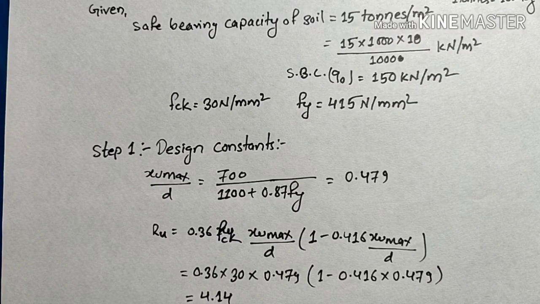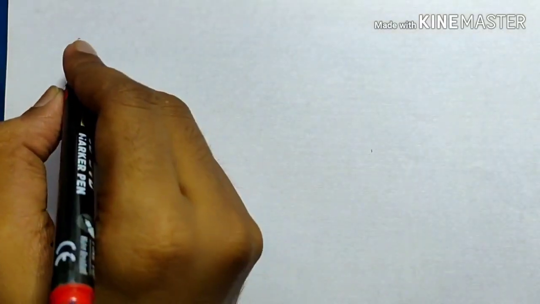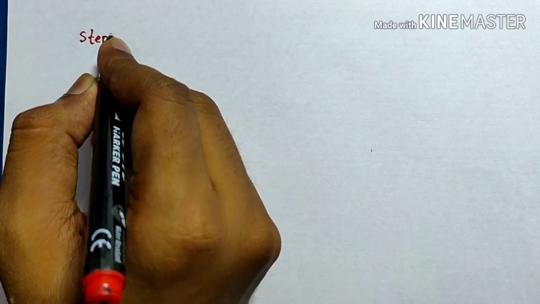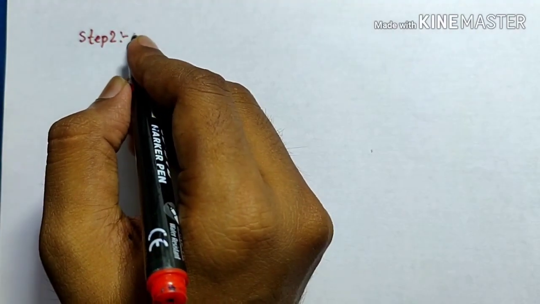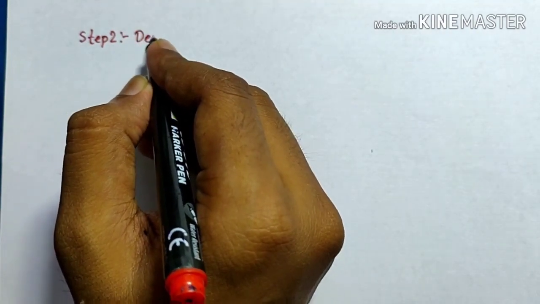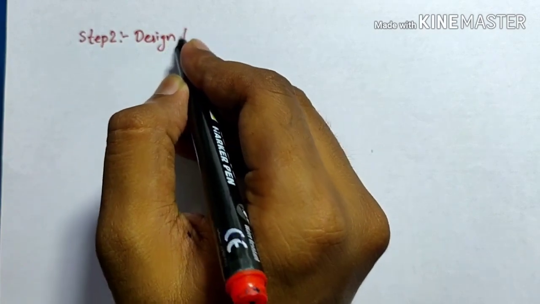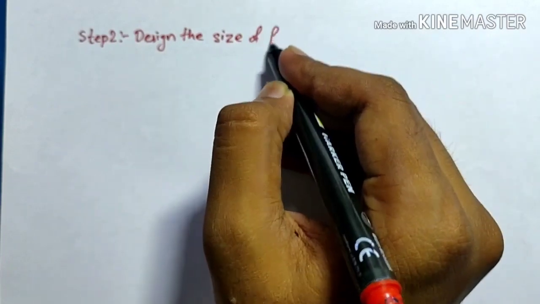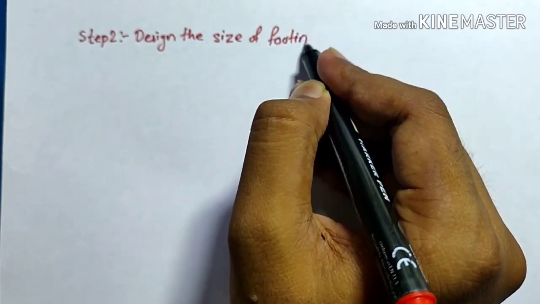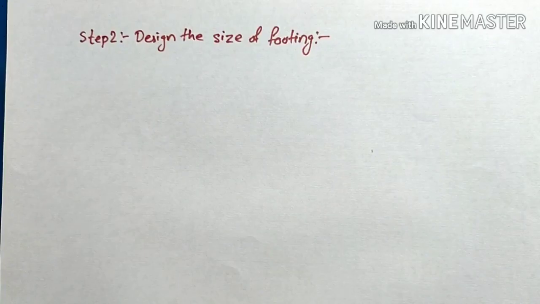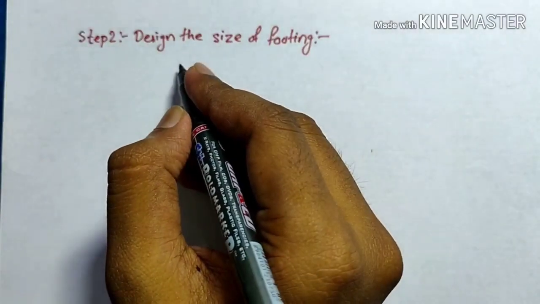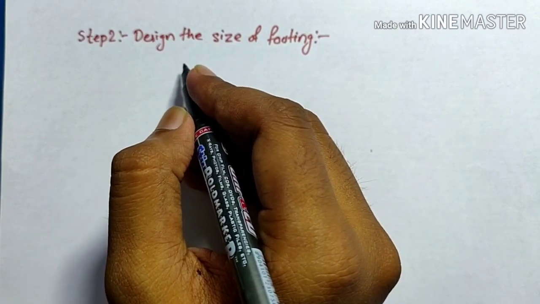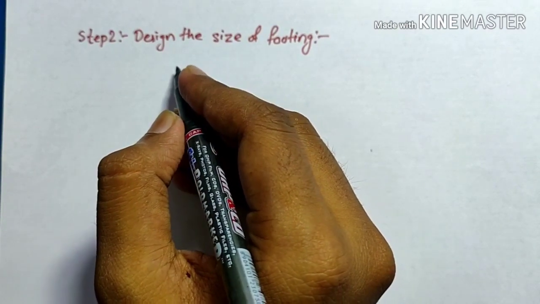Now let's move toward step 2. Now here comes step 2, in which we will design the size of footing, and we are given that the load imposed on the column is 1500 kilonewton.